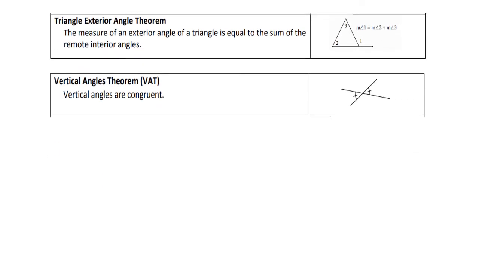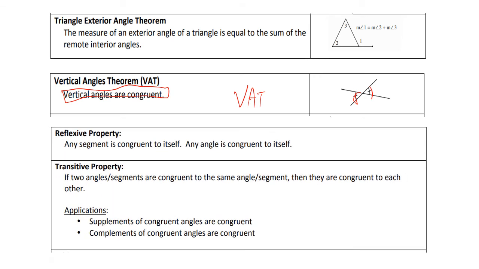Vertical angles theorem are said to be congruent. We can use the abbreviation VAT, meaning vertical angles are congruent. You can spell out the theorem or you can just write vertical angles are congruent. Reflexive property, of course, you know this one already.